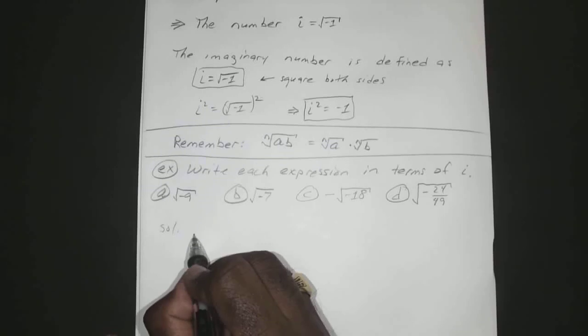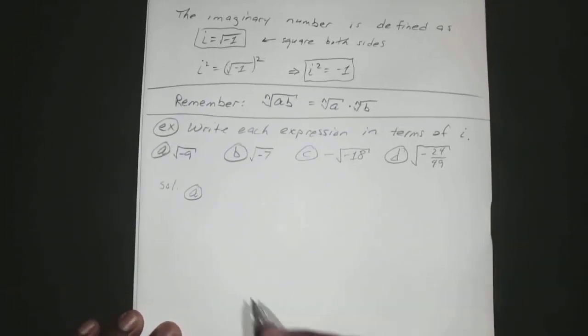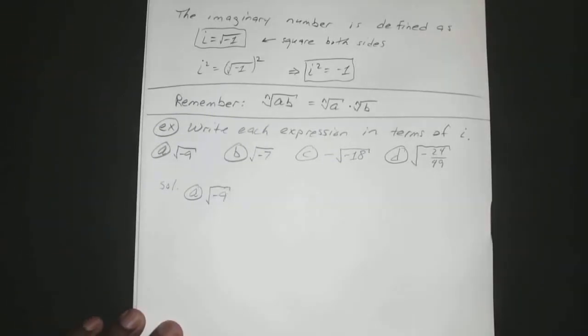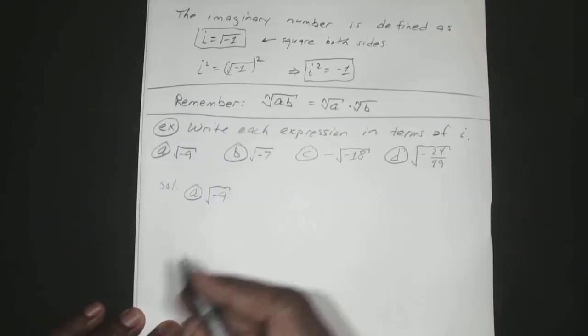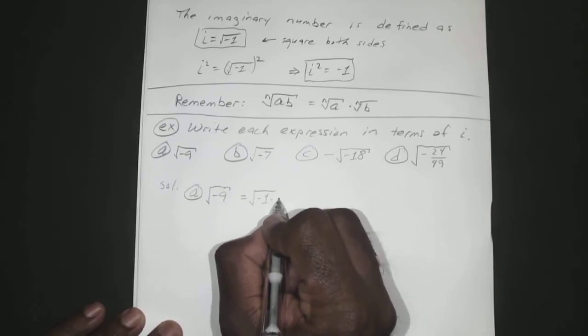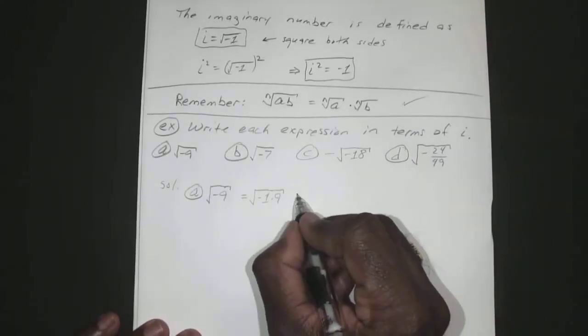Okay, so for problem A, we have the square root of -9, which is just like saying the square root of -1 times 9. Remembering this rule up here, we can just separate them.